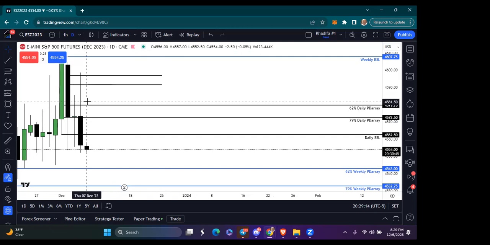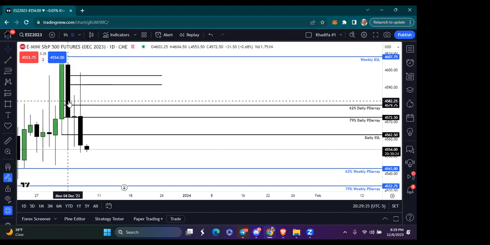And the same thing for the weekly PD array levels. For the current week that you're trading, you're always referring back to the previous week's PD array levels.